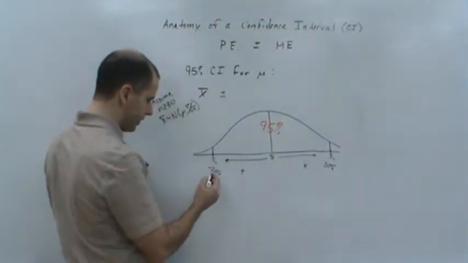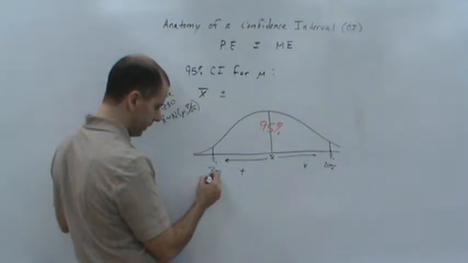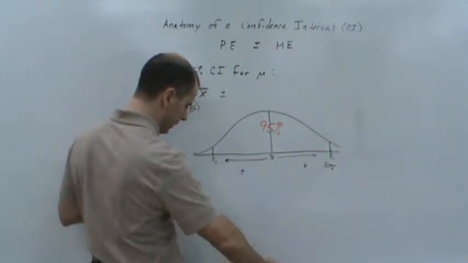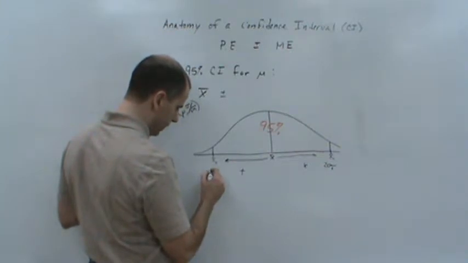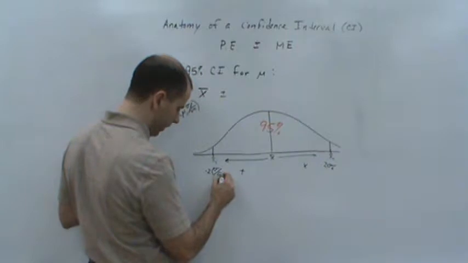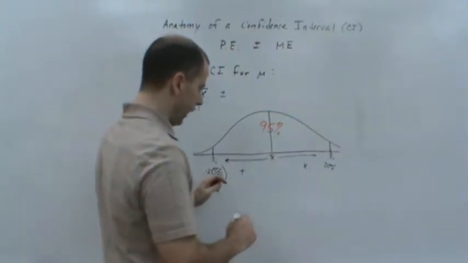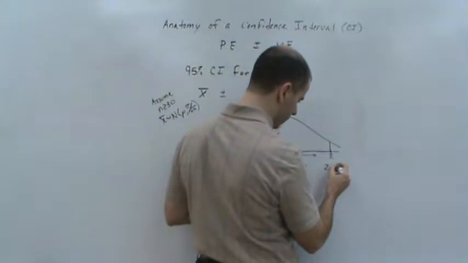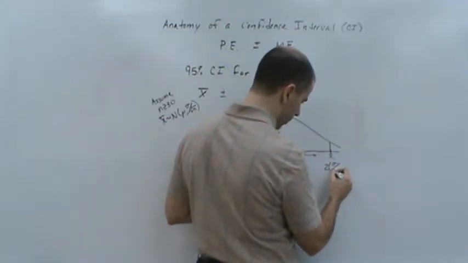So what is this? Let's replace this. So this will be negative 2 times sigma over the square root of n, and over here, this will be positive 2 times sigma over the square root of n.